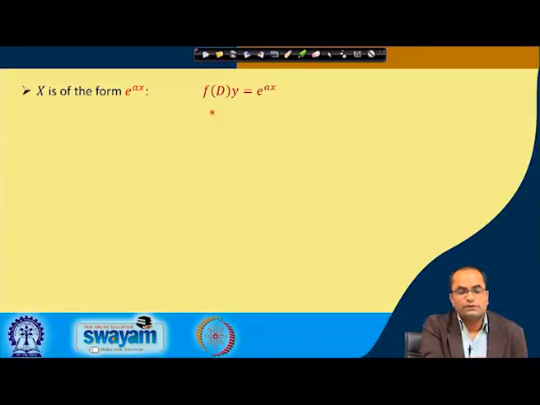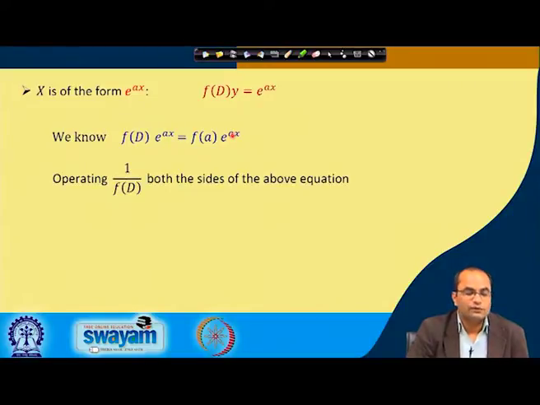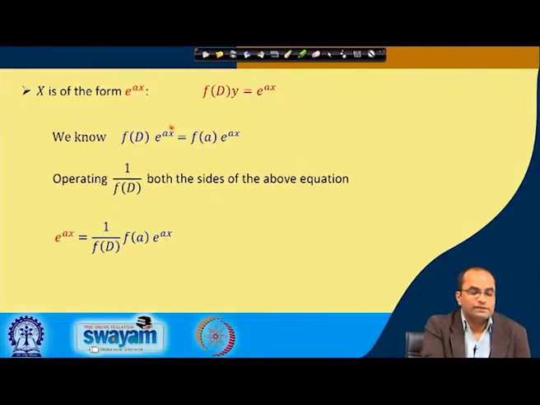So, this is for instance our differential equation f(D) y is equal to e power ax. The right hand side here is a special function, this exponential ax. What we know already from the previous slide is that f(D) when applied on e power ax, we get f(a) e power ax. And now, what we do here, we operate on both sides with the inverse operator 1 over f(D). So, f(D) and the inverse f(D) will cancel each other.